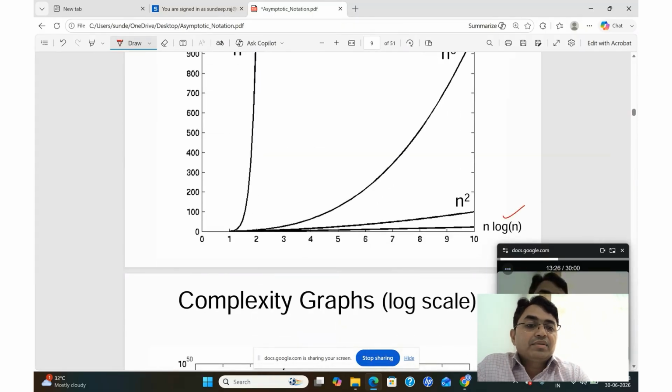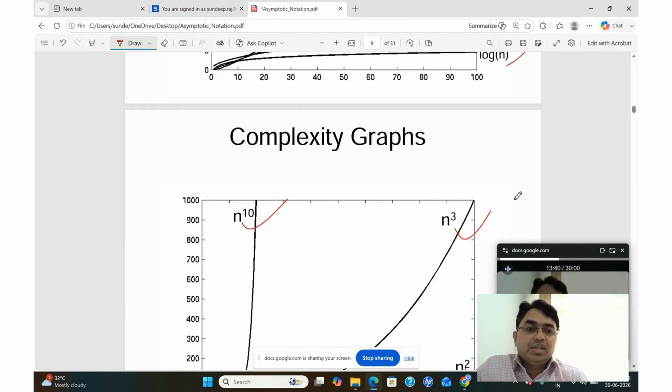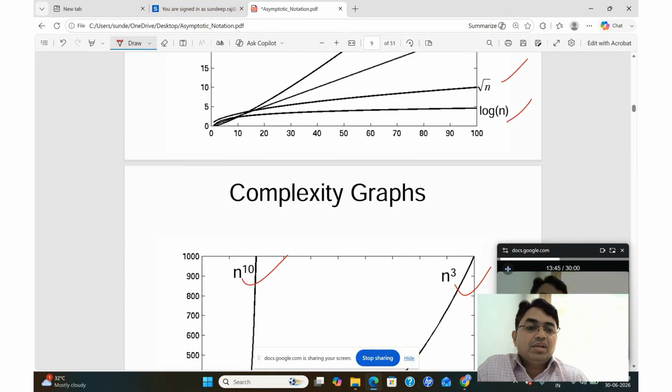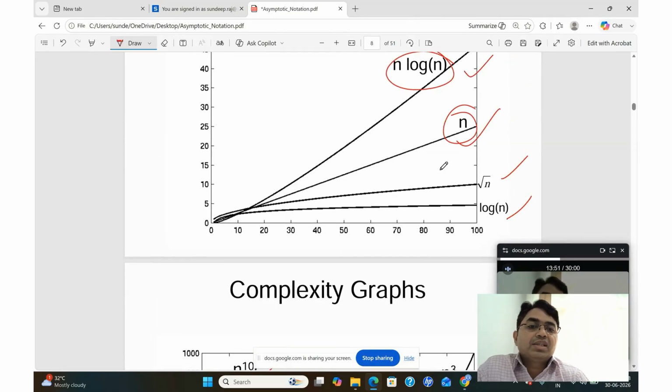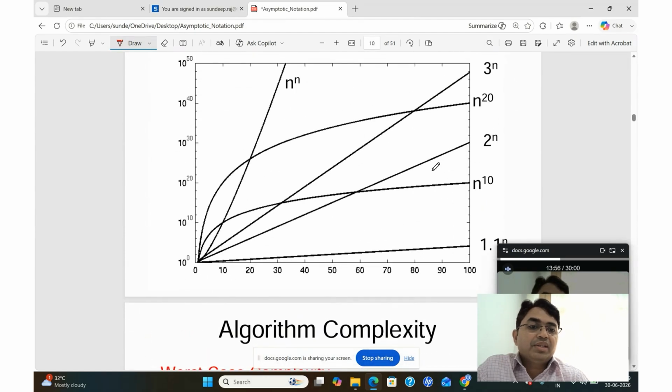After n log n, we have n square. After that, we have n cube. Means n square, n cube, n raised to the power 10. Somewhere in between n and n square, the n log n complexity lies. Similarly, between n raised to the power 10 and n raised to the power 20, somewhere we will get the 2 raised to the power n complexity.